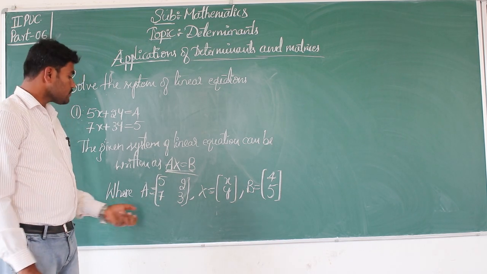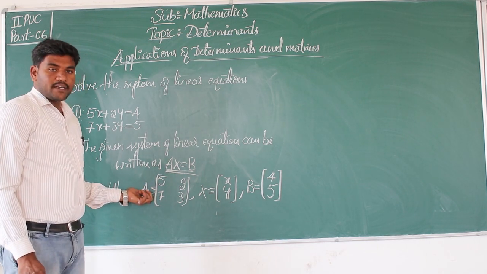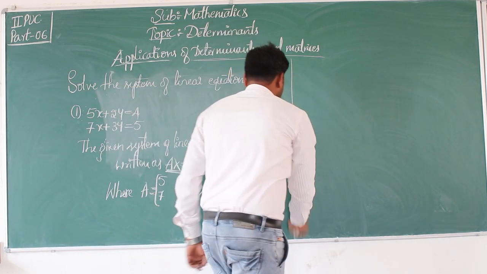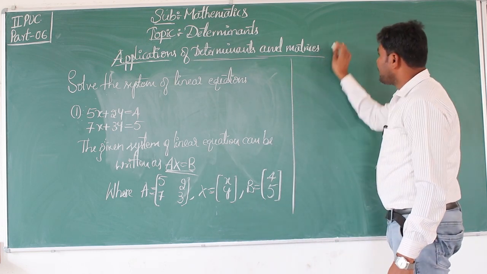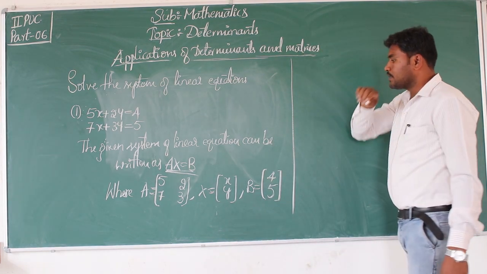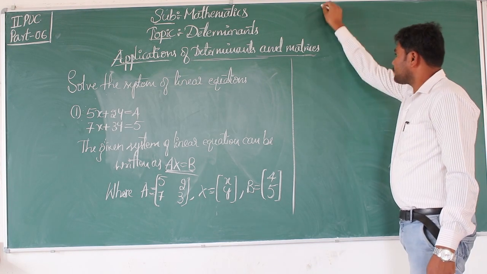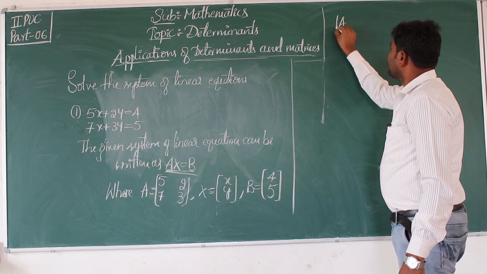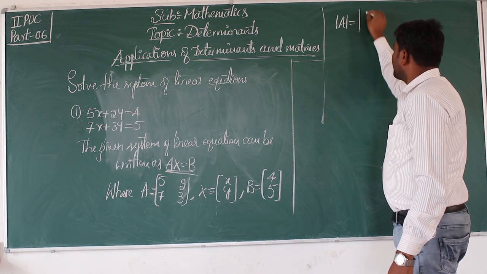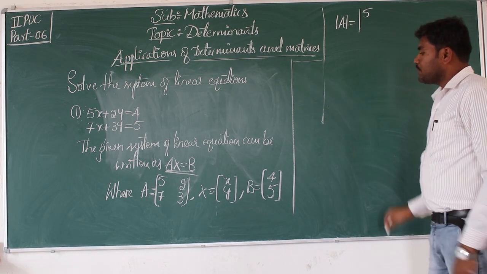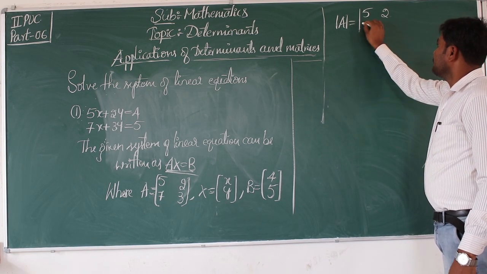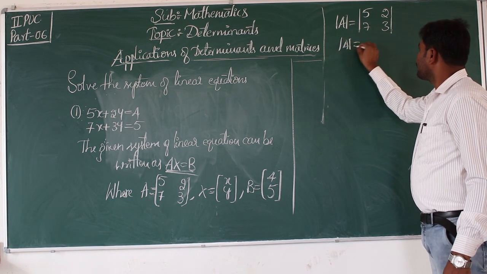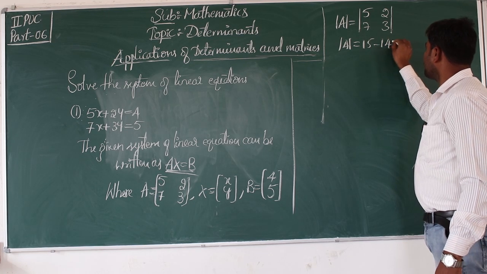So first we need to find the inverse of the matrix A. As you know how to find the inverse, first consider the matrix A and find the value of its determinant. The determinant of the matrix of order 2 with elements 5, 2, 7, 3 becomes 15 minus 14, that is equal to 1.